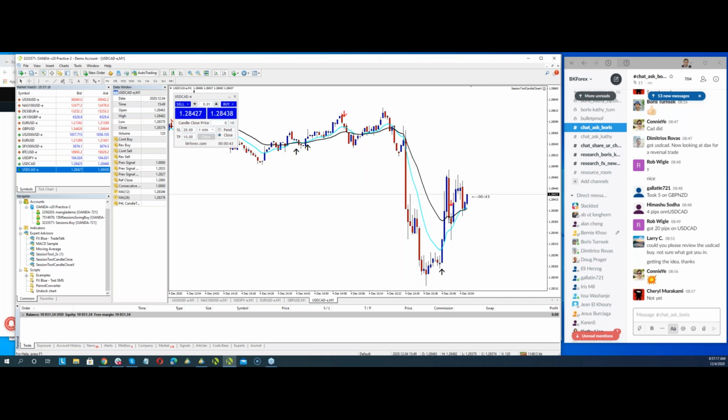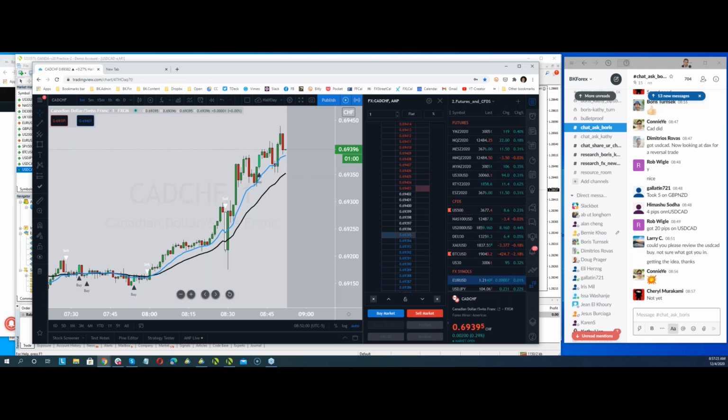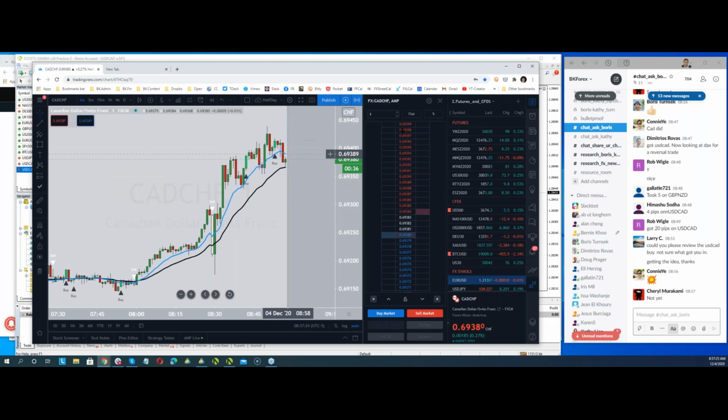And actually, just curious to see how's the CAD. Where's this CAD Swiss? Oh, it's just basically doing nothing. It's flat up here, but continues to inch higher. I still think this is probably on a swing basis, thematically, not a bad trade.